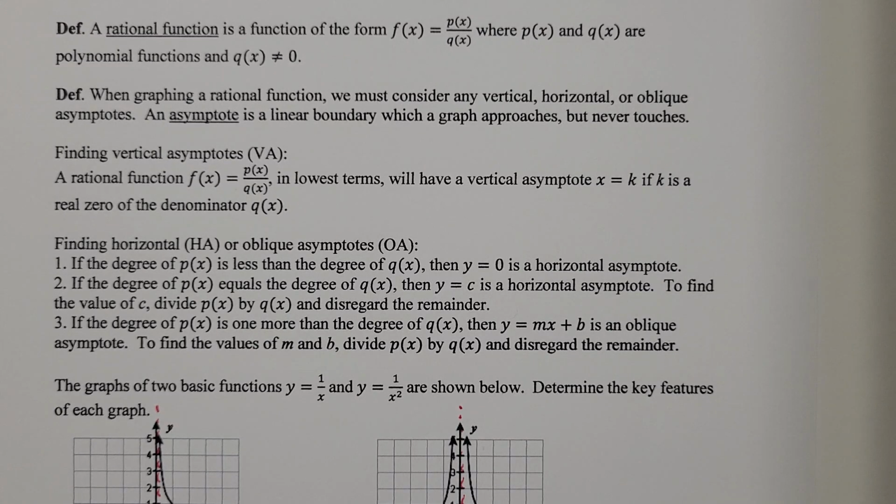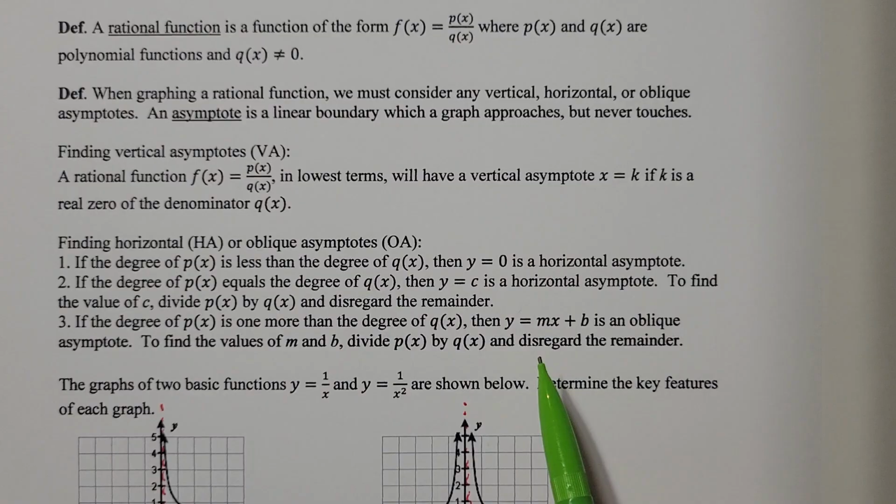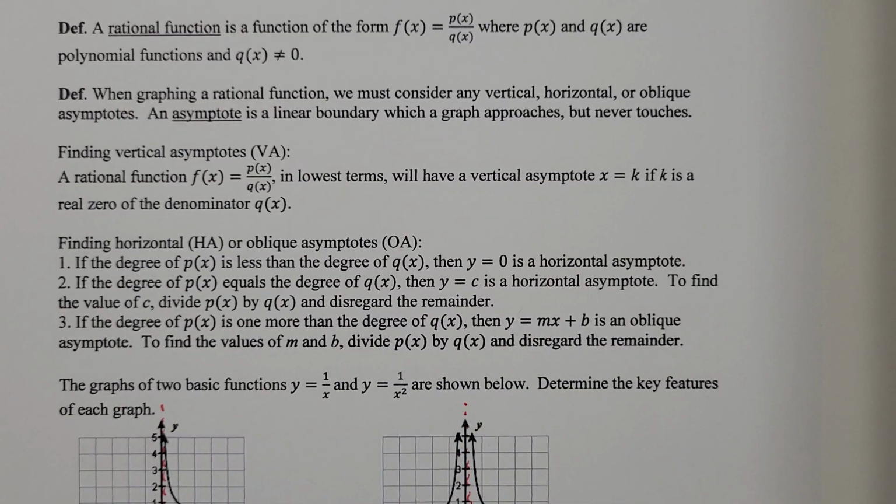And then item 3 says that if the degree of the top is 1 more than the degree of the bottom, then y equals mx plus b is an oblique asymptote. Think of an oblique asymptote as a slanted boundary. Okay? To find the values of m and b, you're going to, again, divide, and then, again, disregard the remainder.